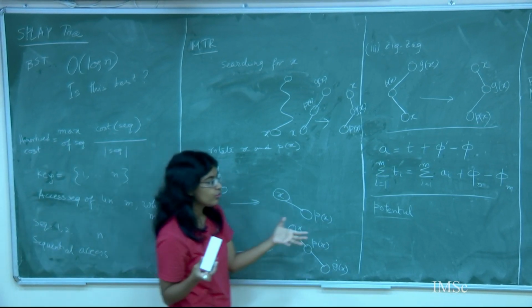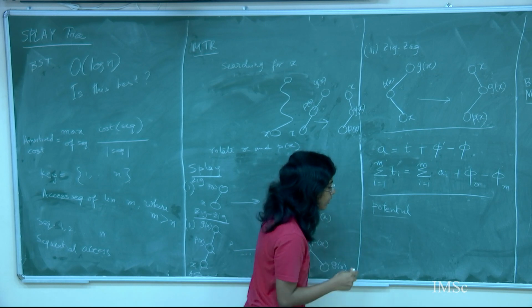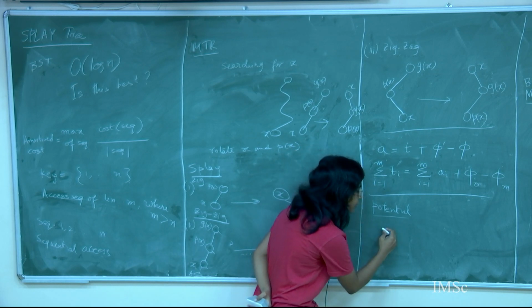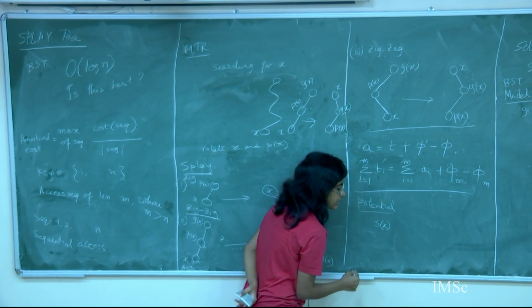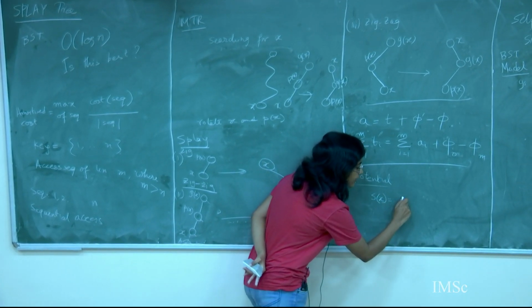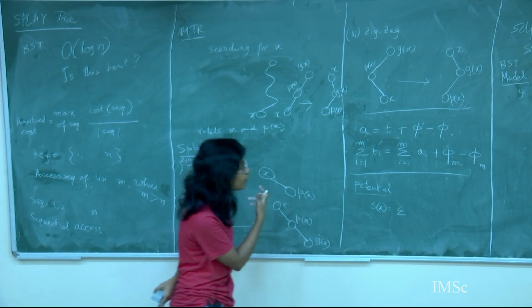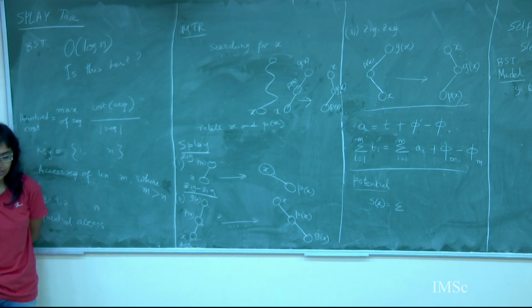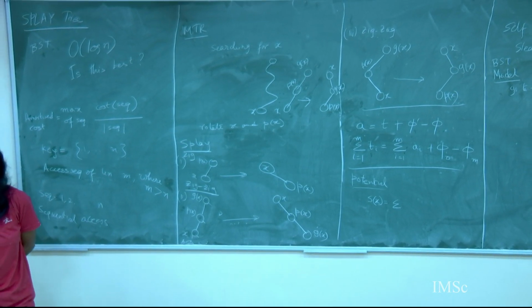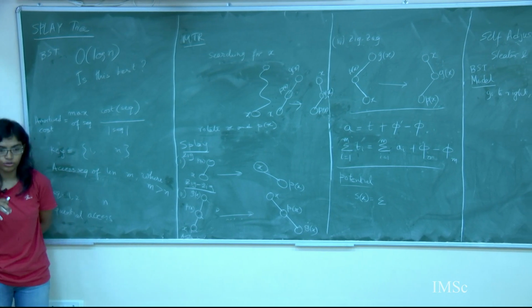So we'll define the potential function something like that. For each node x we will define something called the size of x. In any binary search tree, if you say size of a node, you mean the size of the subtree rooted at that node, right?